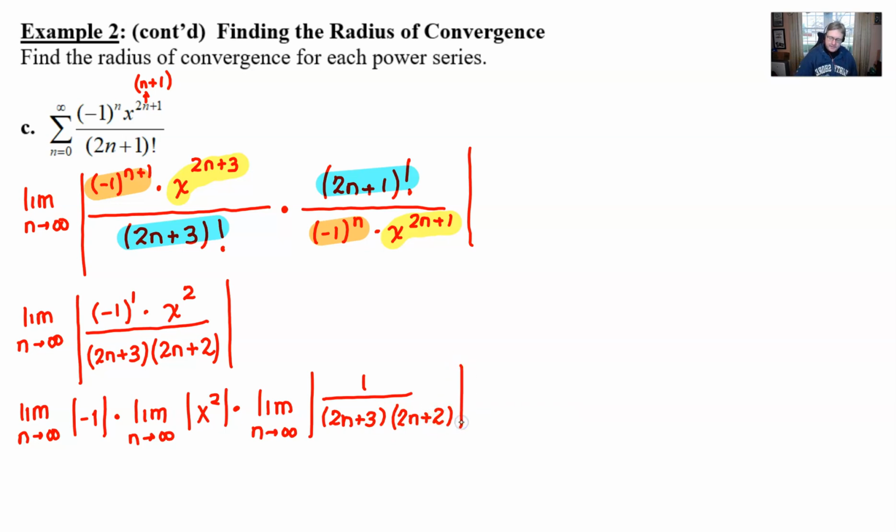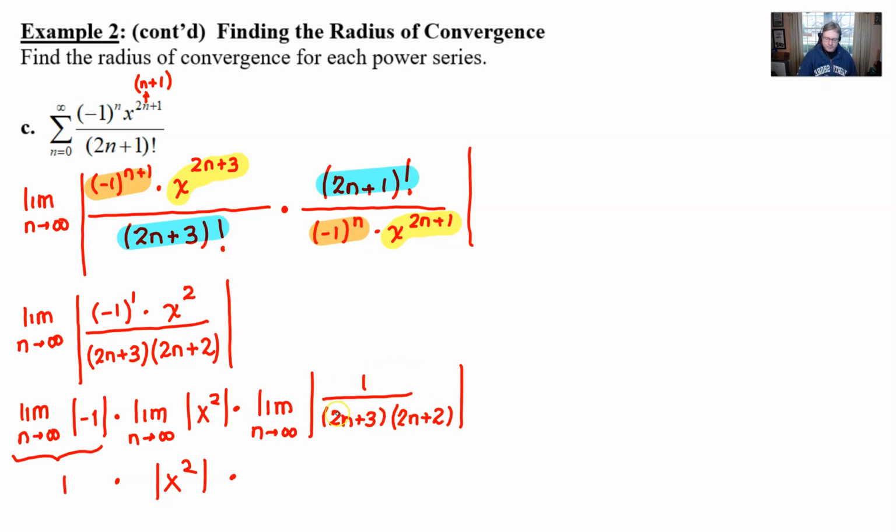And at this point, you would see that this limit here is nothing more than just 1 times, you can let n approach infinity all day long, and this limit is still the absolute value of x squared. Absolute values have to stick around with that. And then over here, this one's going to be something that we can find.